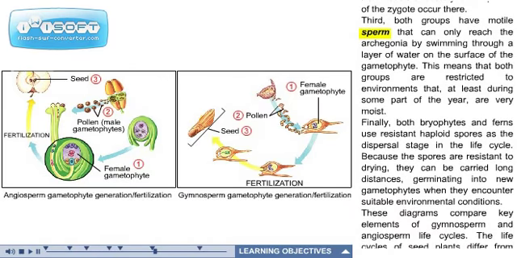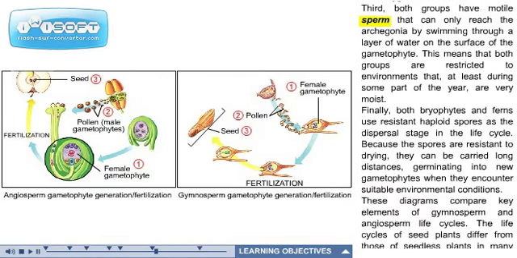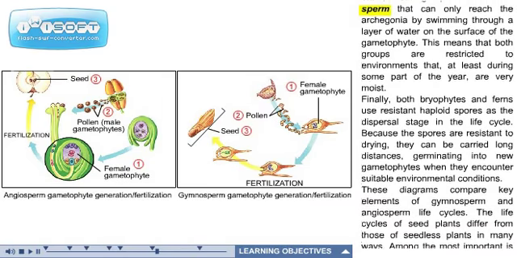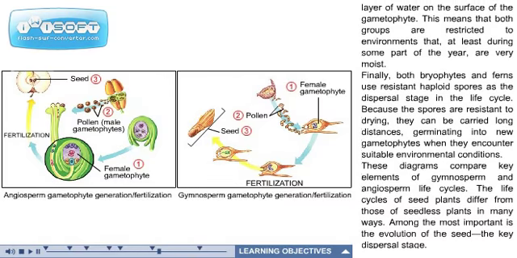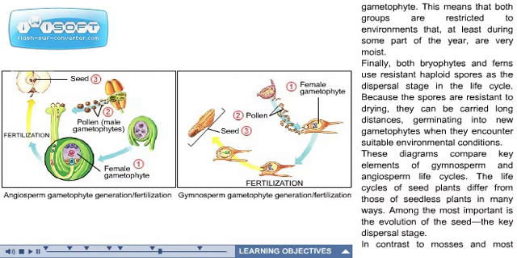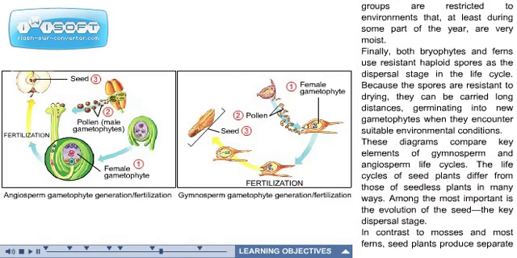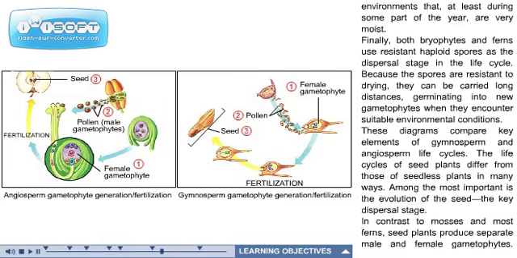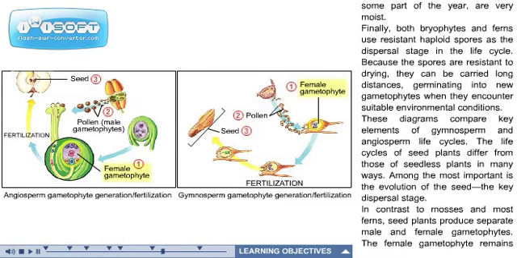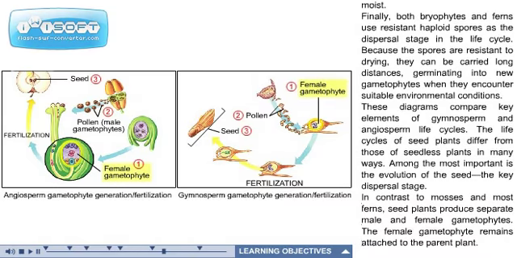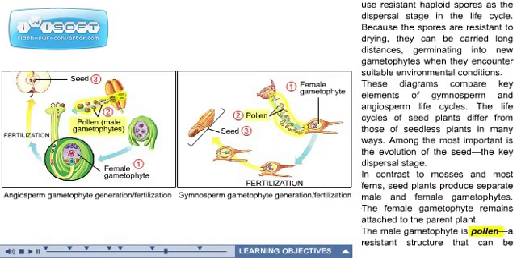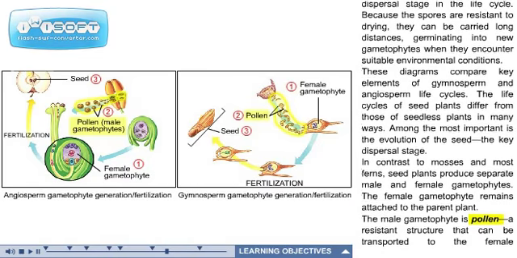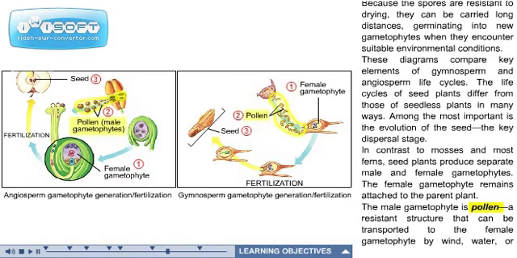The life cycles of seed plants differ from those of seedless plants in many ways. Among the most important is the evolution of the seed, the key dispersal stage. In contrast to mosses and most ferns, seed plants produce separate male and female gametophytes. The female gametophyte remains attached to the parent plant. The male gametophyte is pollen, a resistant structure that can be transported to the female gametophyte by wind, water, or animals.